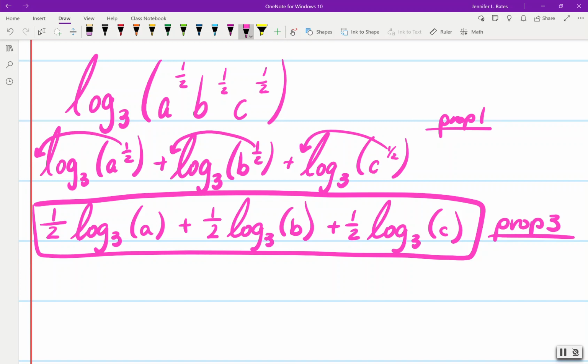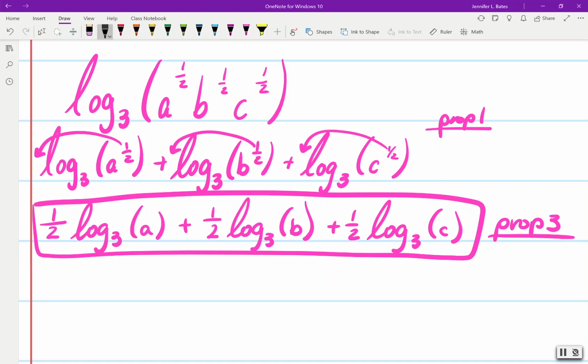What we're doing is working backwards. Last class, I gave you a big long expression with multiple pieces and said rewrite it as one log. This class, we're taking one log and writing it as multiple pieces. Okay?